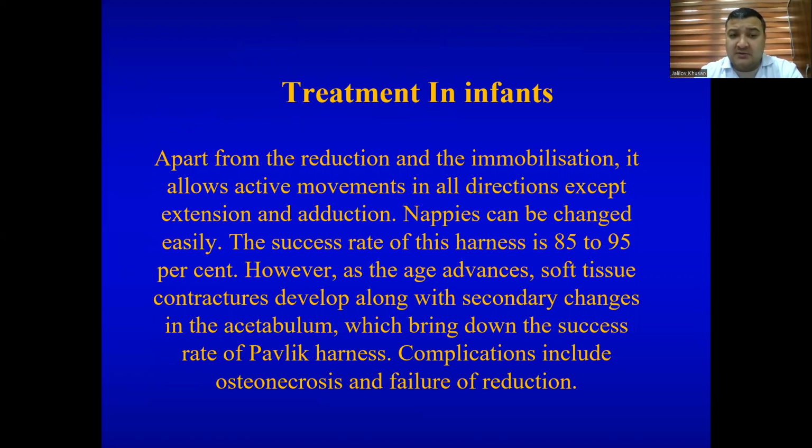Nappies can be changed easily. The success rate of this harness is 85 to 95%. However, as the age advances, soft tissue contractures develop along with secondary changes in the acetabulum, which bring down the success rate. Pavlik harness complications.